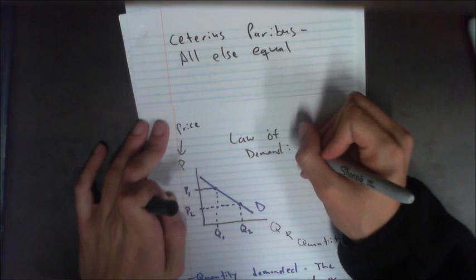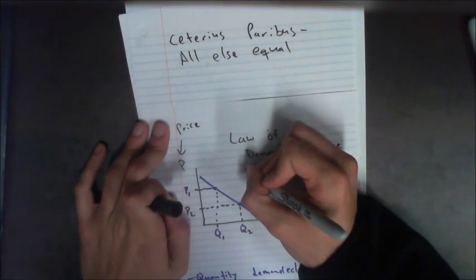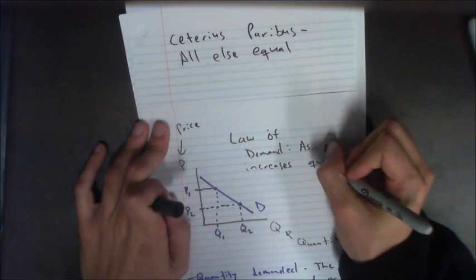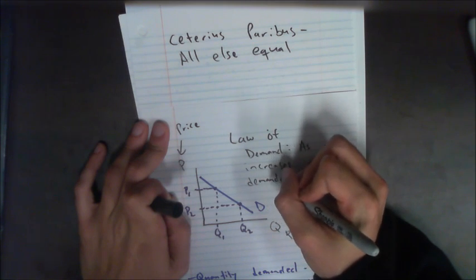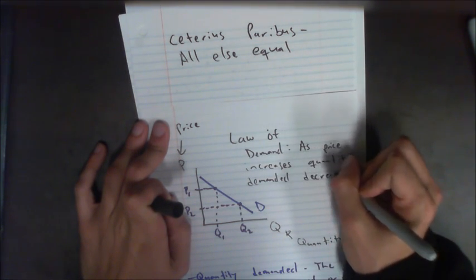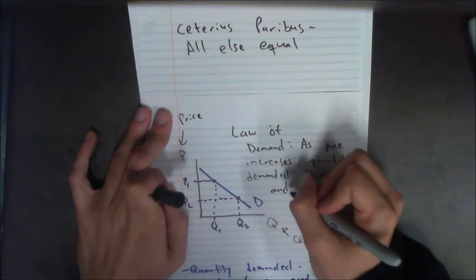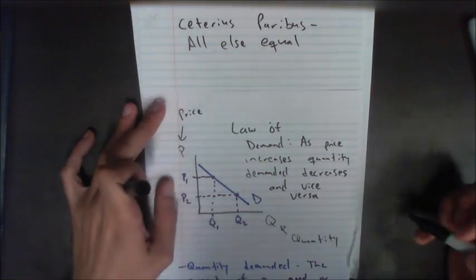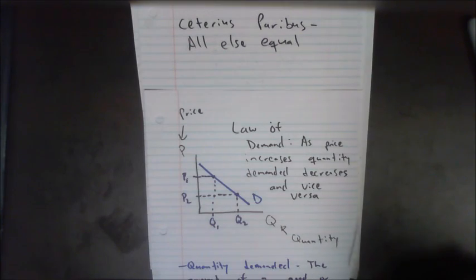So, ceteris paribus, as price increases, quantity demanded decreases, and vice versa. By vice versa, I mean when price goes down, quantity demanded will go up.